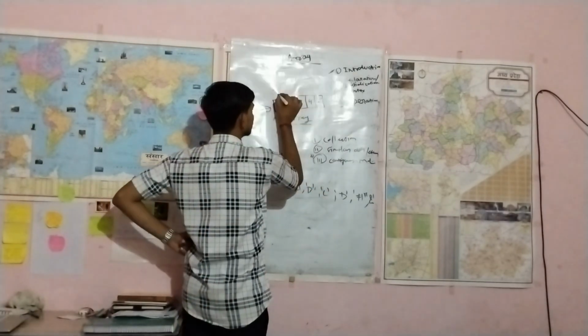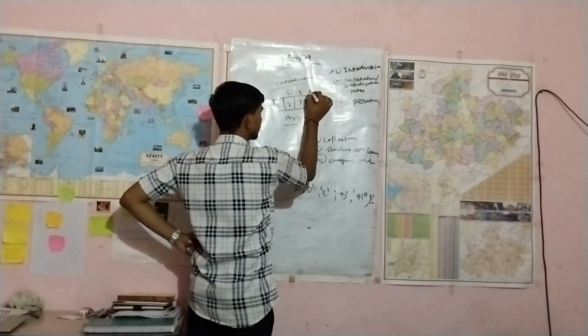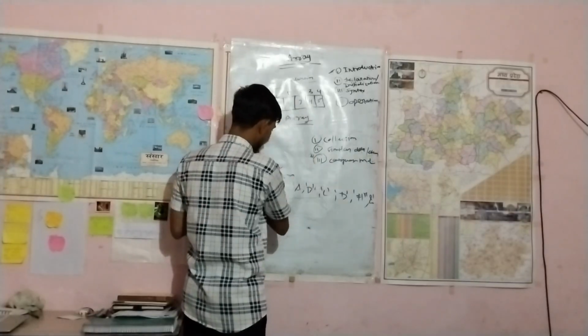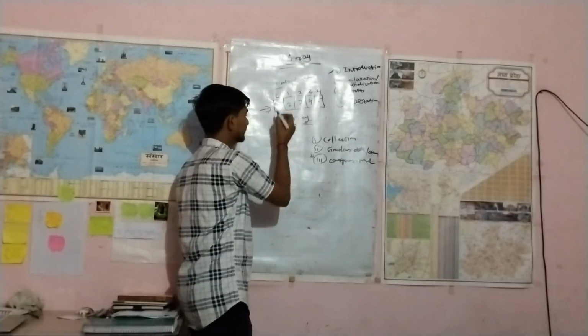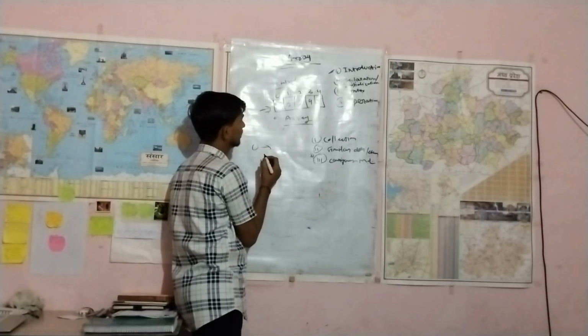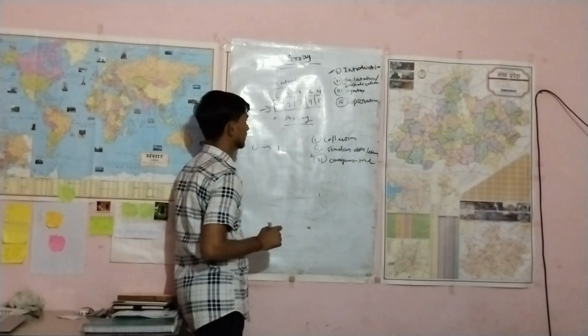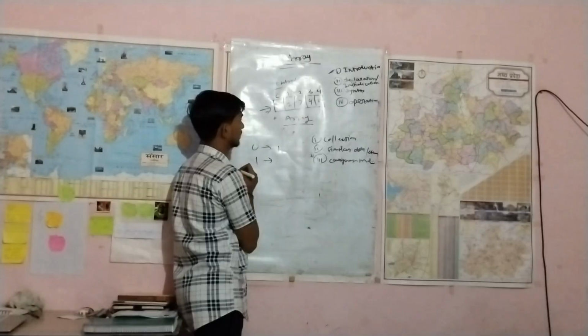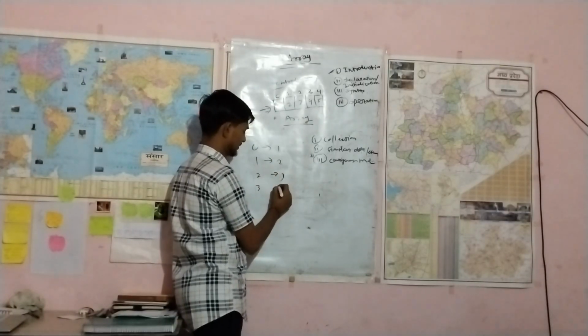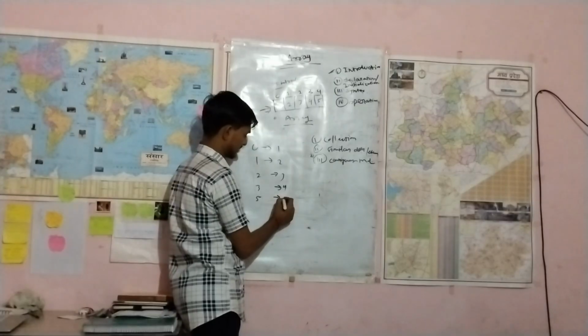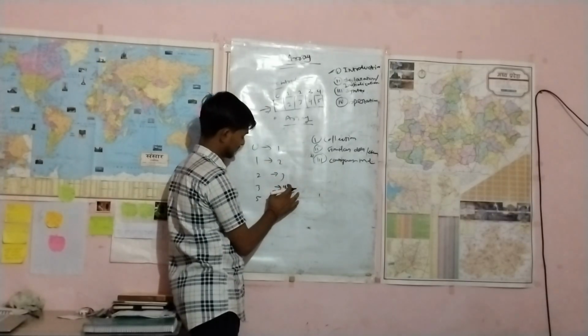Indexing always starts from 0, so 0 1 2 3 and 4. At index number 0 we have stored value 1, and at index number 1 we have stored value 2.